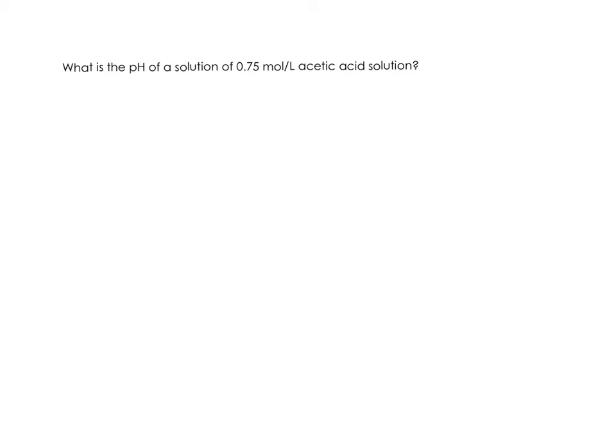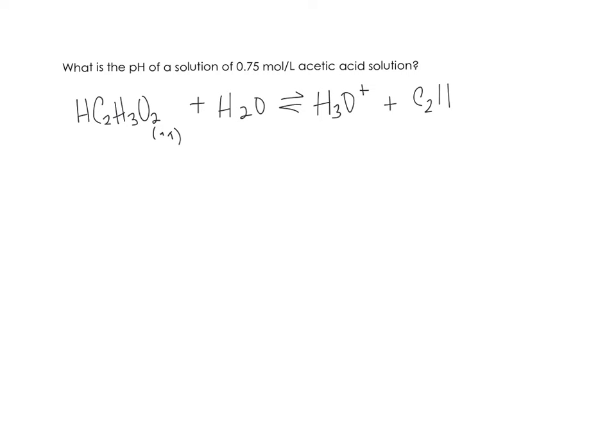Acetic acid is HC2H3O2, and we can do formal or informal. It produces the hydronium ion and the acetate ion.